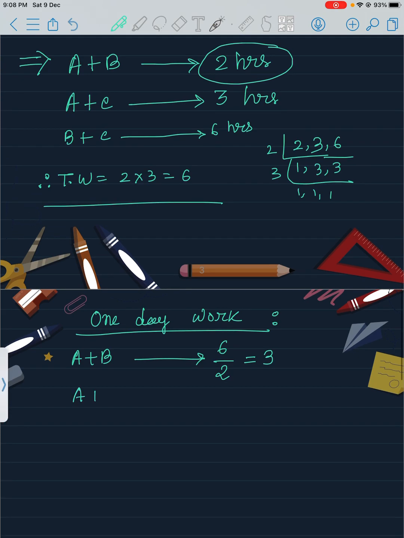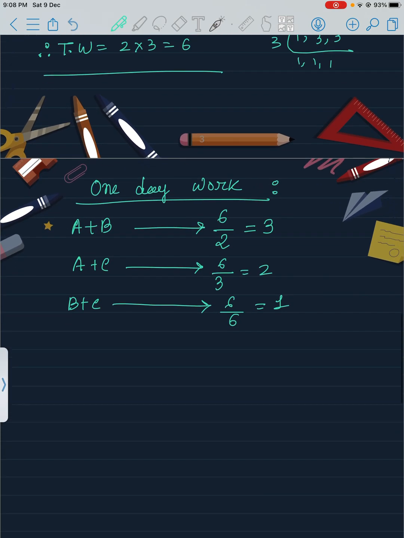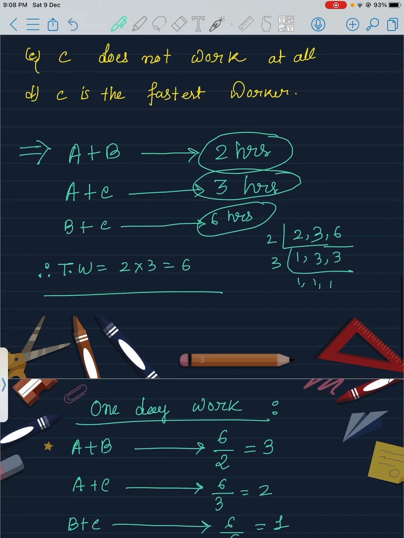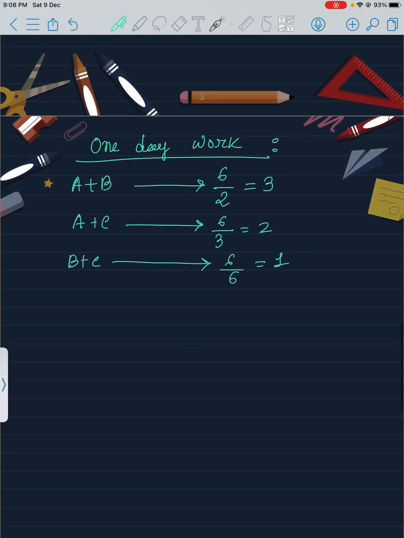A plus C's one day work is 6 divided by 3, which is 2. B plus C's one day work is 6 divided by 6, which is 1. Now we have to find one day work of A alone.